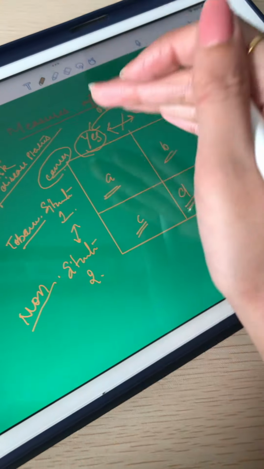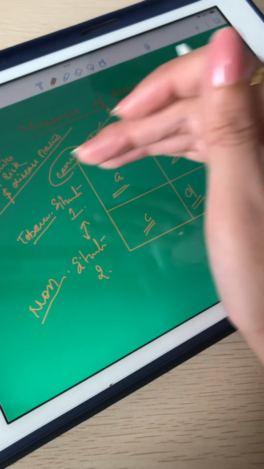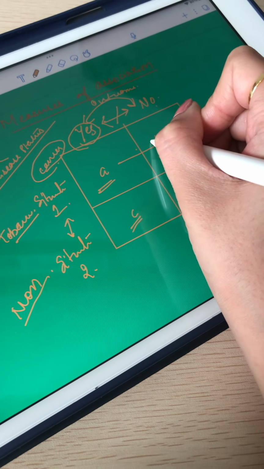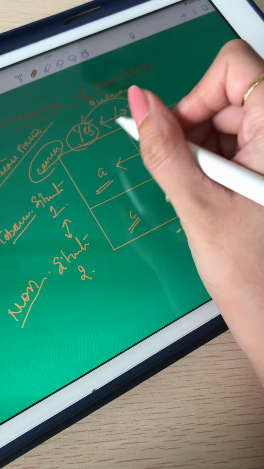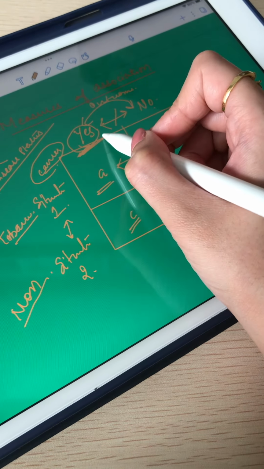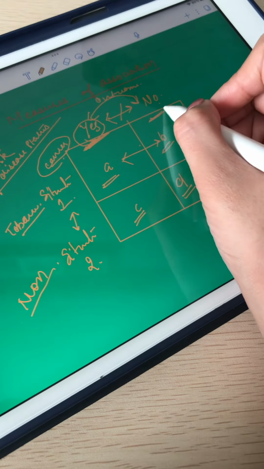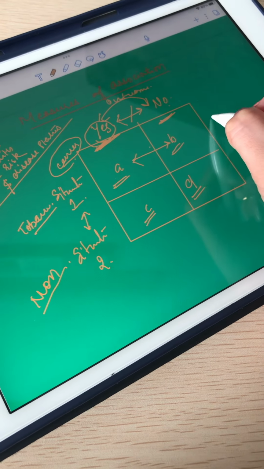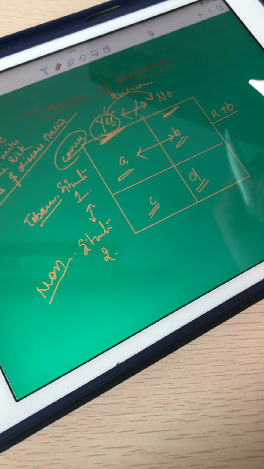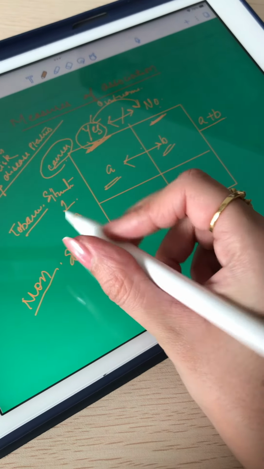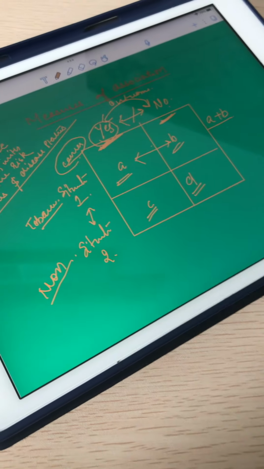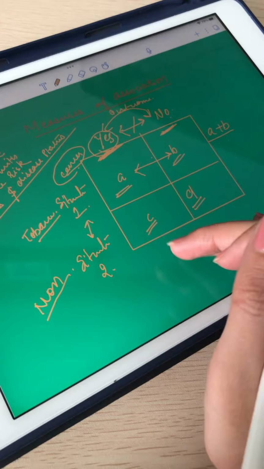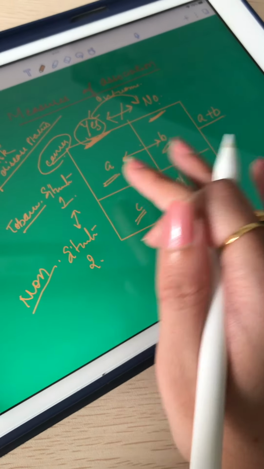For example, if we have to say how many people are eating tobacco, then we have to add both of these situations, because whether they are getting the studied result or not, the situation we are asking about is eating tobacco, so it will be A plus B. Then second, how many people are in situation 2, which is non-tobacco eating people, whether the result or outcome is this or this, we do not care about that.